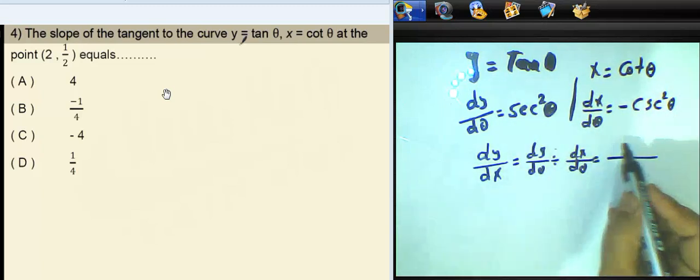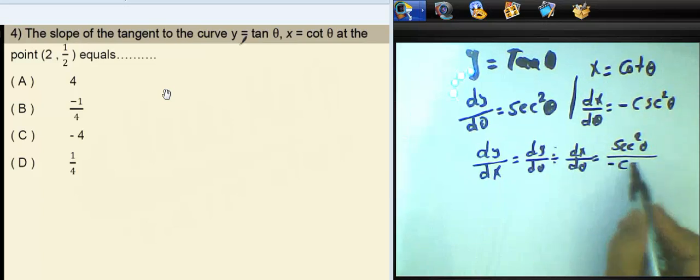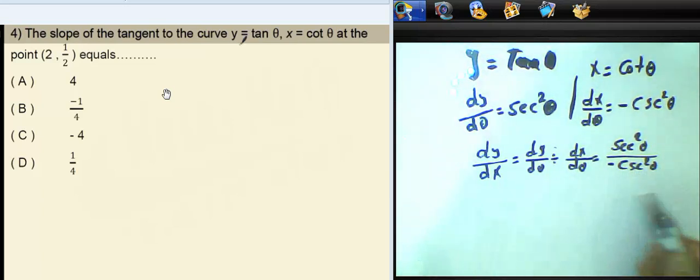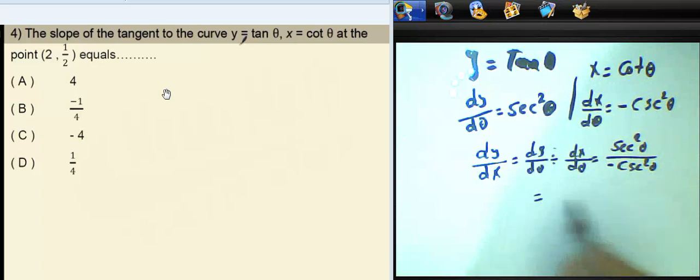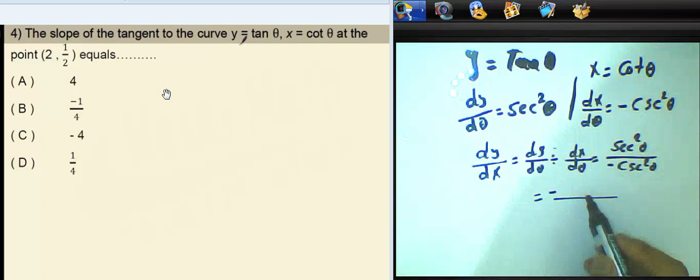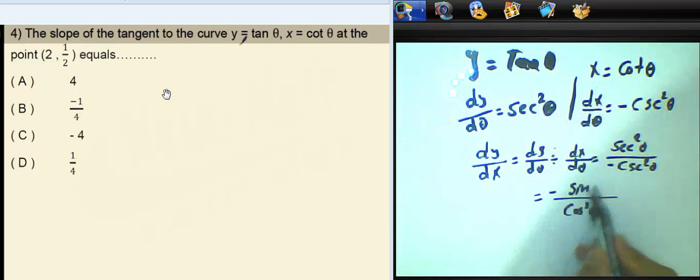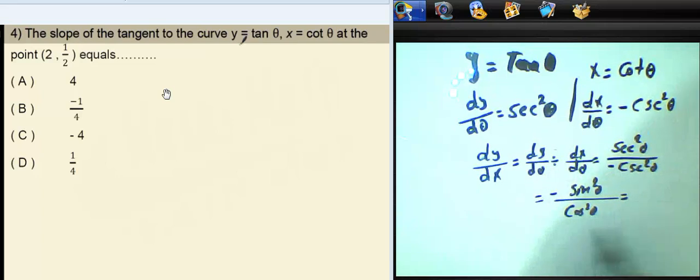We can write here sec squared theta divided by negative cosec squared theta. We can write negative, and sec squared theta is the reciprocal of cosine squared theta, and cosec squared theta is that of sine squared theta. We know sine divided by cosine equals tan, then the result will be negative tan squared theta. Okay, that's the result of this example.